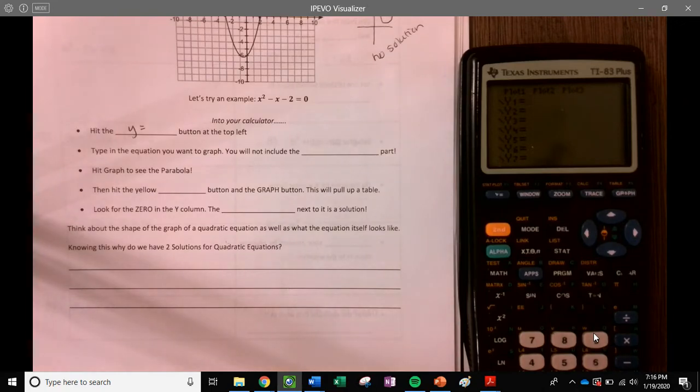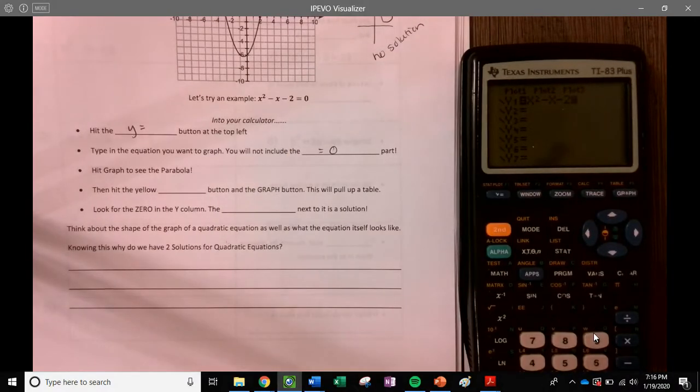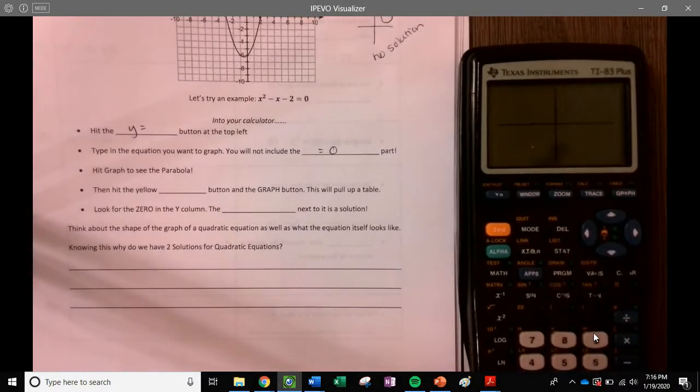So I'm going to type in x squared minus x minus 2. You're not going to include the equals 0 portion. Okay, and then you're going to hit the graph button up here in top right to see your parabola.